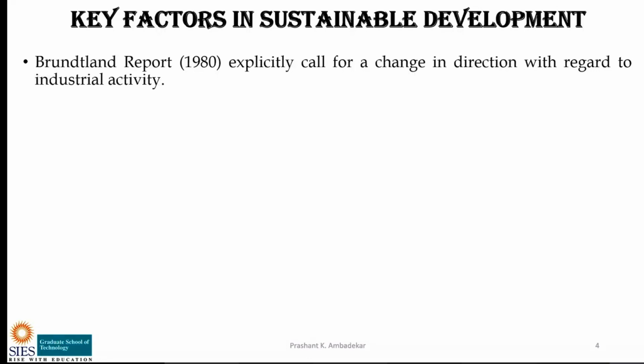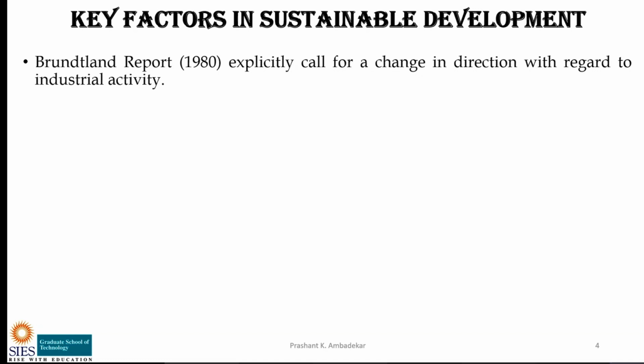In the third industrial revolution, electricity was developed and everything was automated. And now we are in the fourth industrial revolution, where IoT and additive manufacturing and all these things have come.